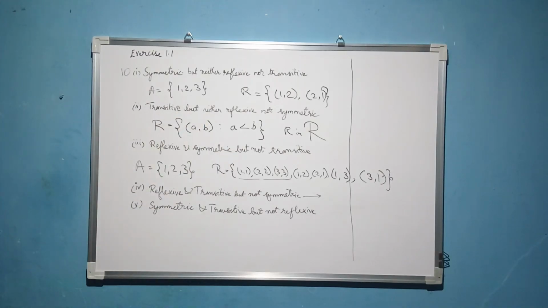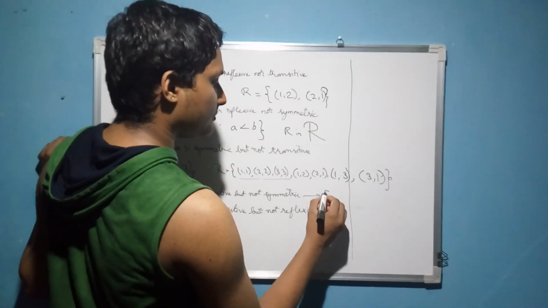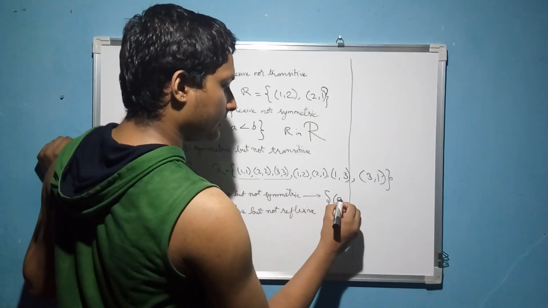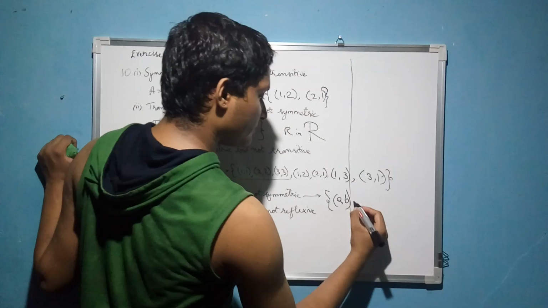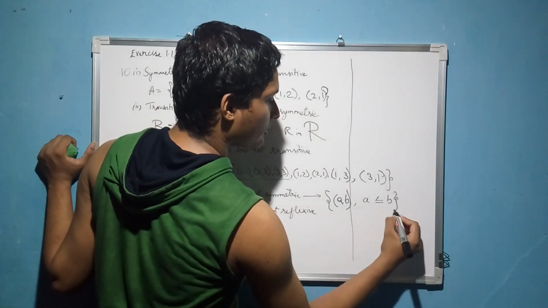That means you can say that it is reflexive and symmetric, but not transitive. What could be the fourth one? You need to get a relation that is reflexive, transitive, but not symmetric. For that, it's a simple one. Take (a,b) such that a is less than or equal to b.